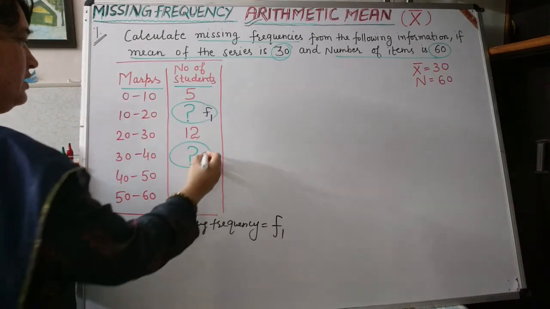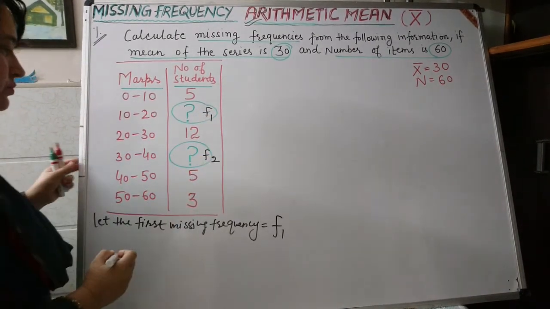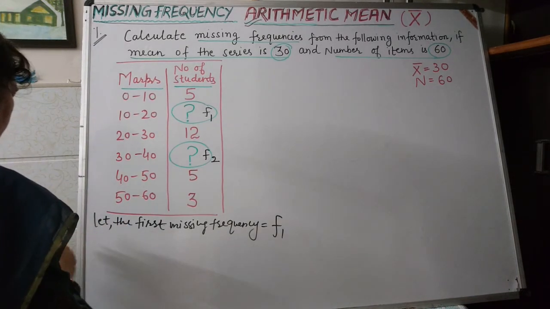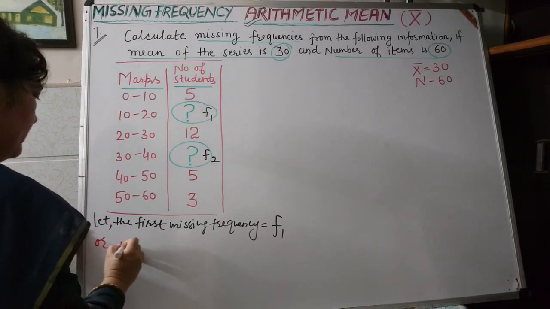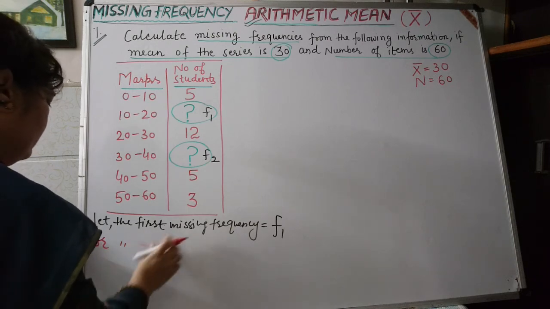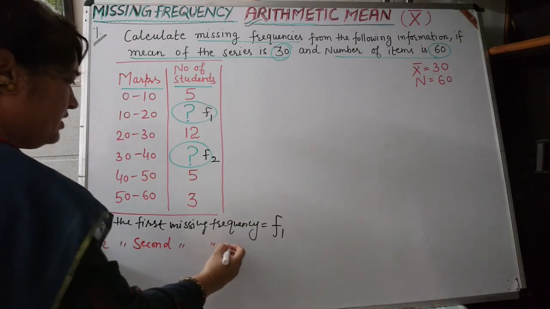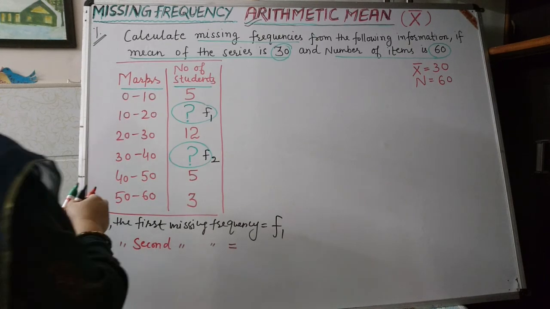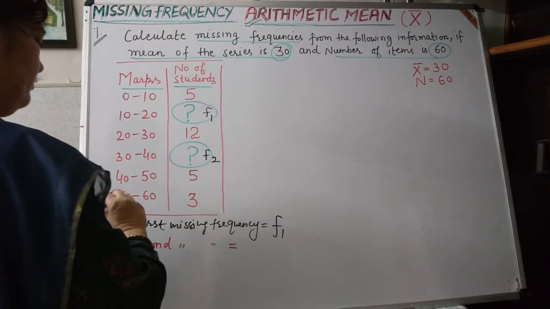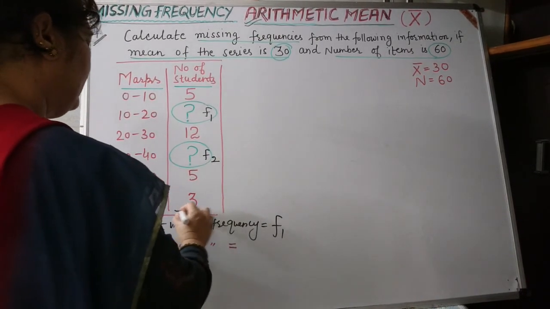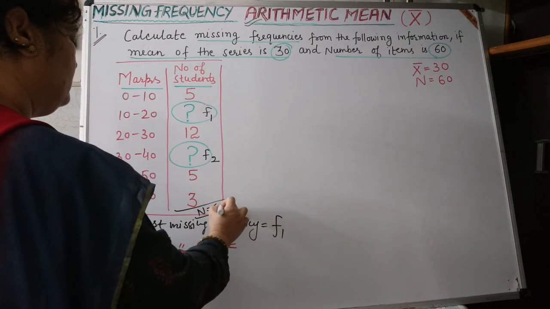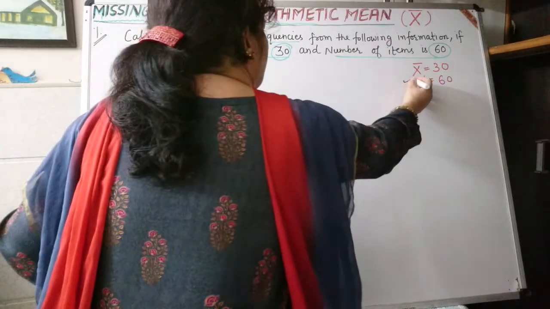This is F1 and this is F2, the second missing frequency, because the summation of all these items, it means N, is equal to 60, that is given.